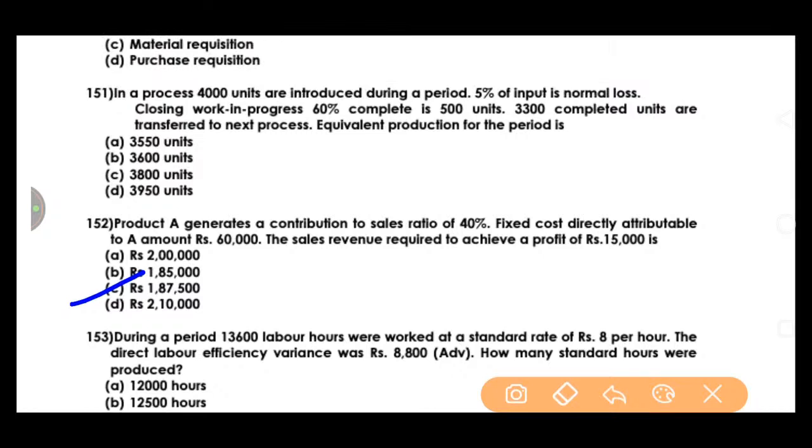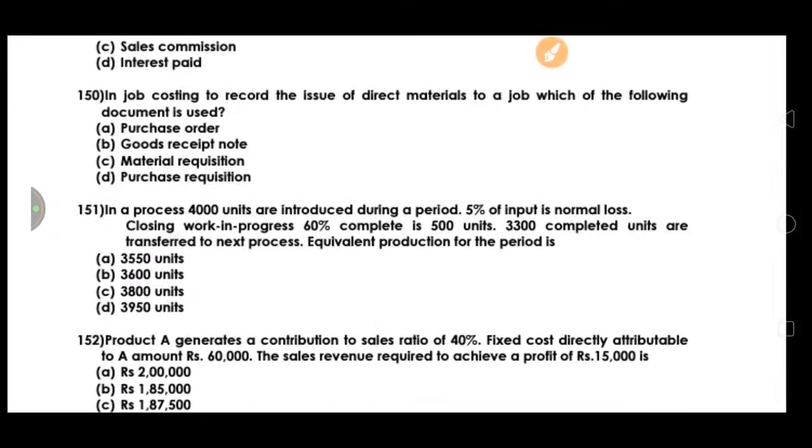So we need to calculate sales here. 100 minus 60. We need to calculate the sales revenue required to achieve the profit. We already repeated this. So 500 units, 60% of 500. So we need to calculate 500 into 60%, that is 300. So 6,000. B is the right answer. So next problem.